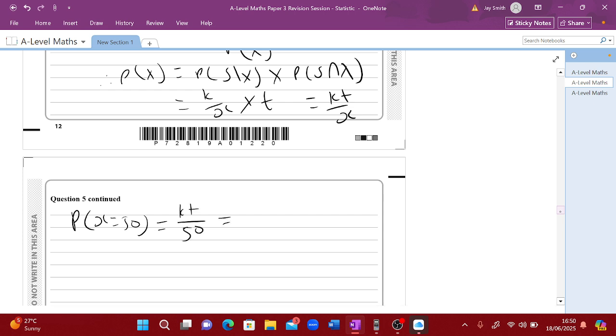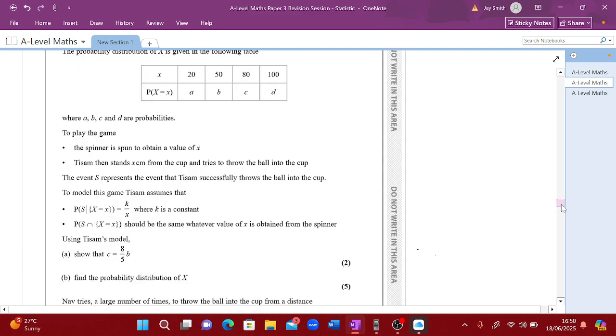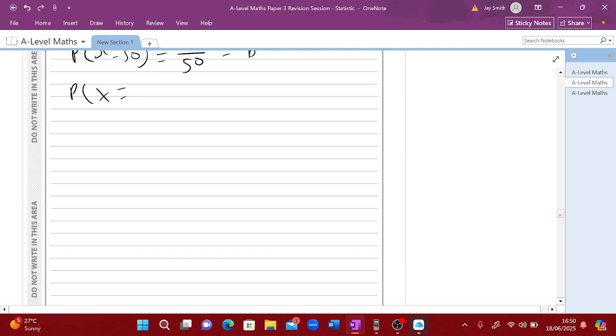We also know that's equal to B, because that is the probability of X being 50 from the table. In the same way, the probability X is 80 is KT over 80, and that's equal to C.